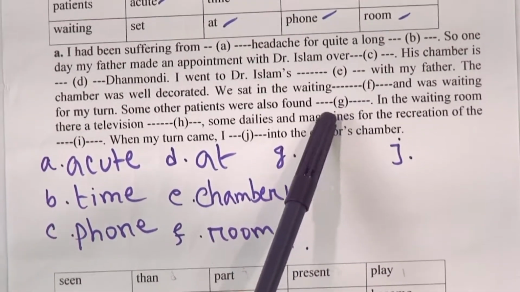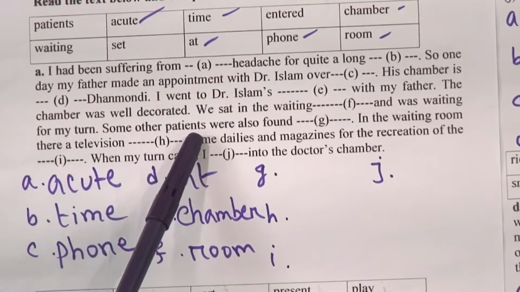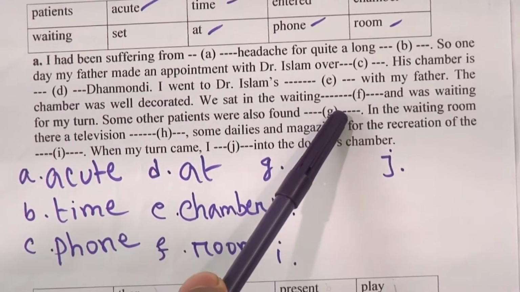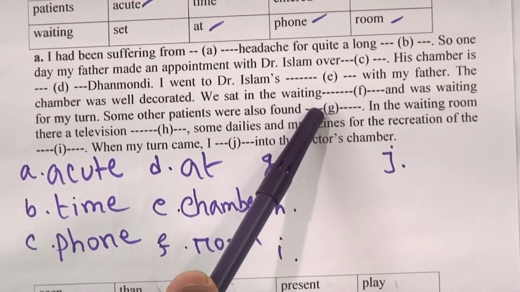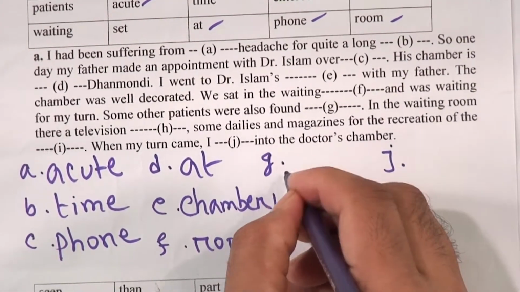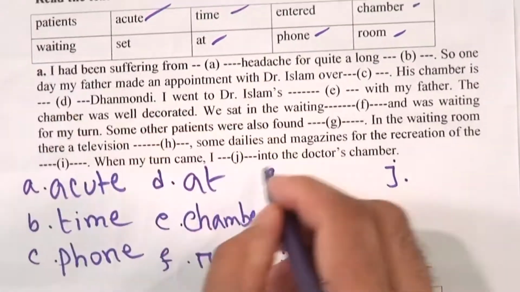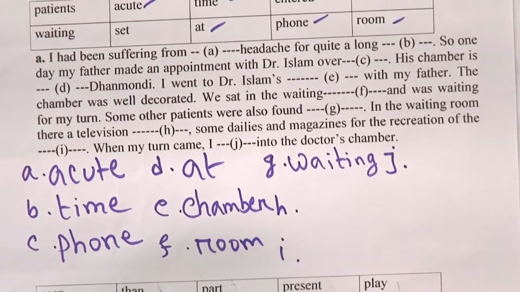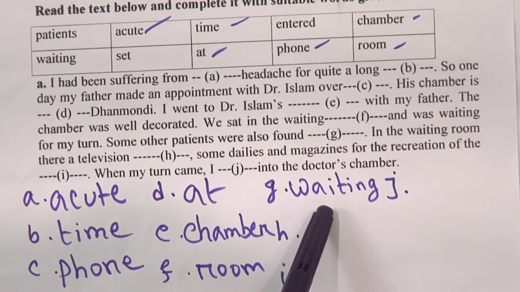Okay, then G number: some other patients were also found. What do they do? They were also waiting. Others were found waiting in the waiting room. The word waiting is given here. So other patients also were waiting for the doctor.